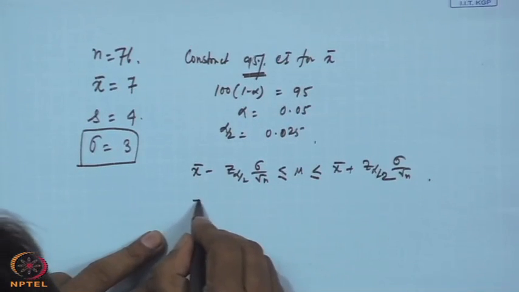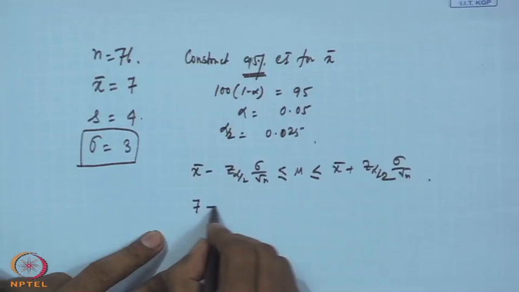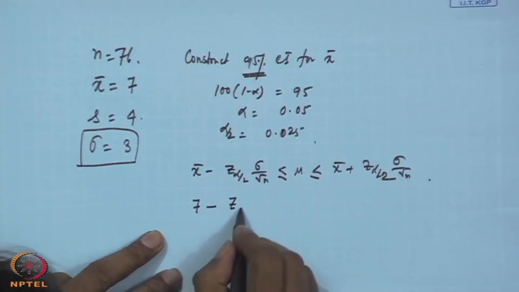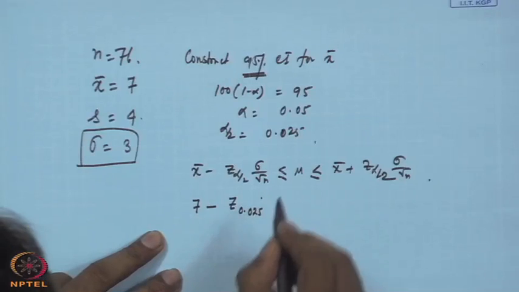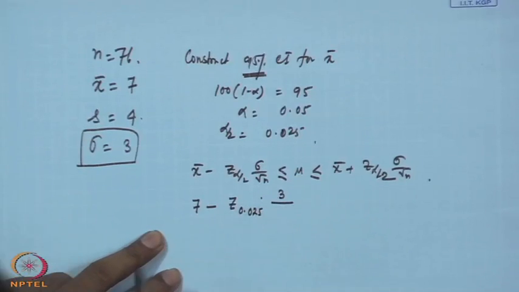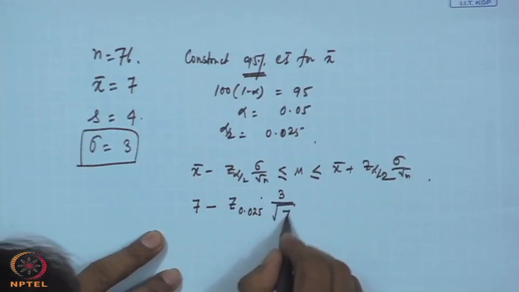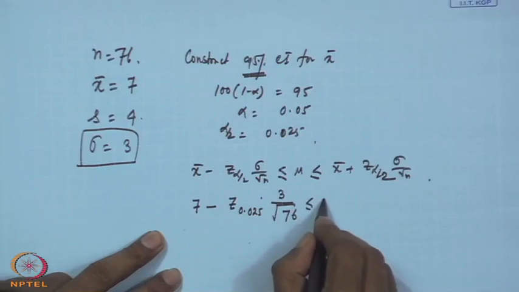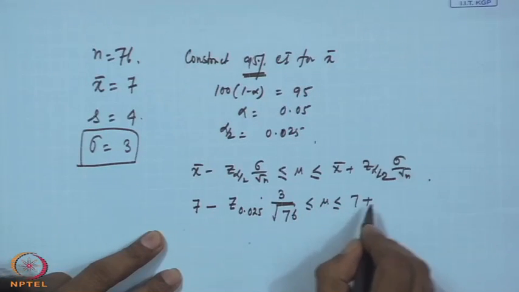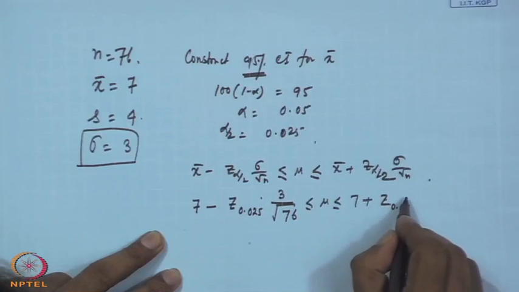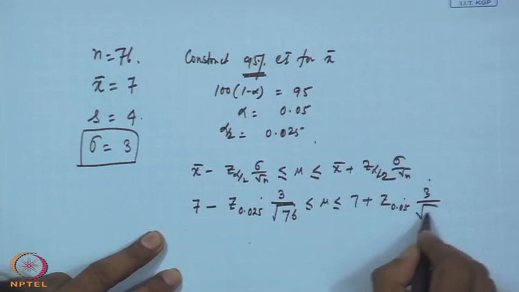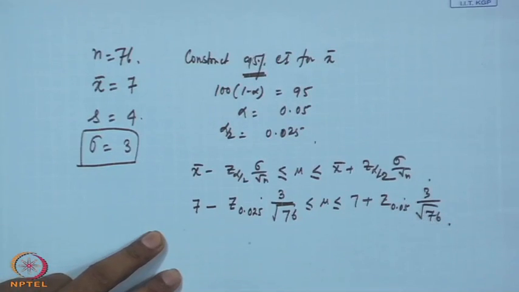So, your computation will be: x bar is 7, you have to know z 0.025, into sigma, the population sigma, which is 3, and your n is 76. So, 7 minus z 0.025 into 3 by root over 76, less than equal to mu less than equal to 7 plus z 0.025 into 3 by root over 76.